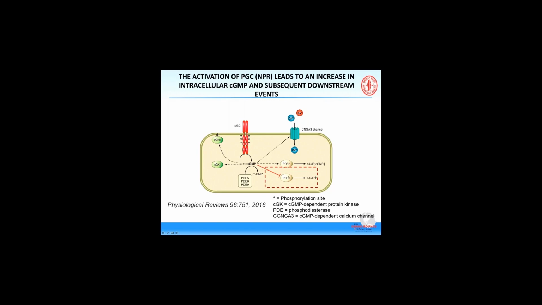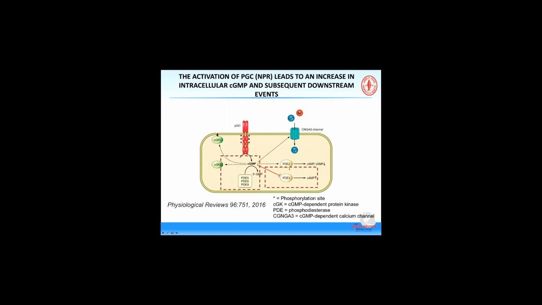Perhaps one of the most important functions of cyclic GMP in reproduction is its ability to inhibit PDE3, which is a phosphodiesterase that is capable of degrading cyclic AMP. And we will come back to that in a few minutes. So cyclic GMP is also degraded in its own right by different phosphodiesterases shown in here, particularly PDE5, 6, and 9.